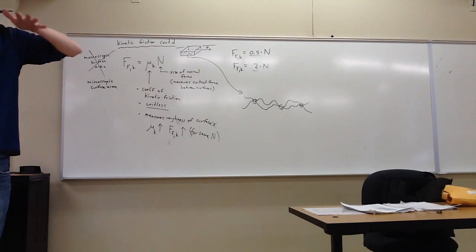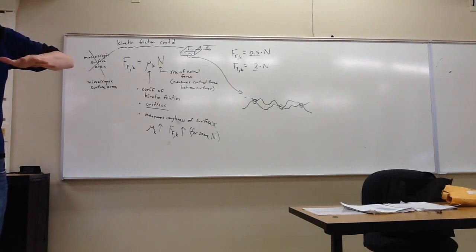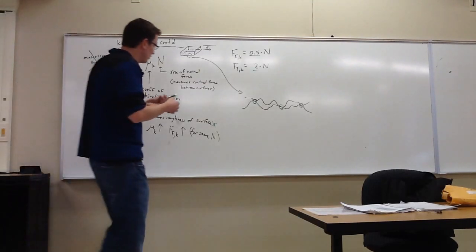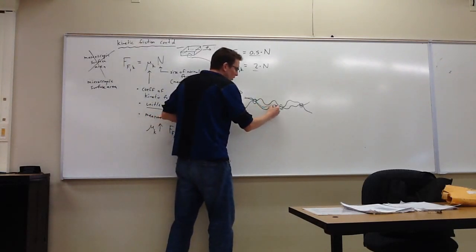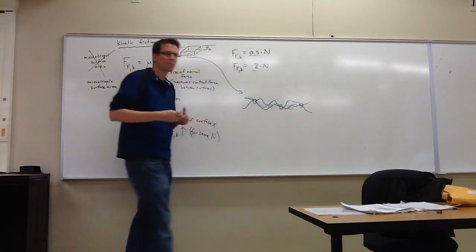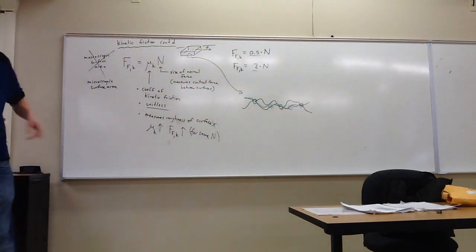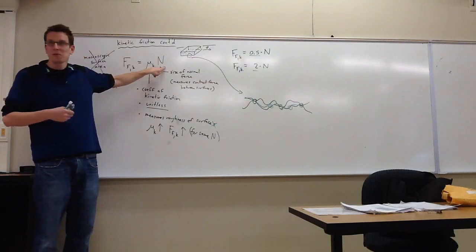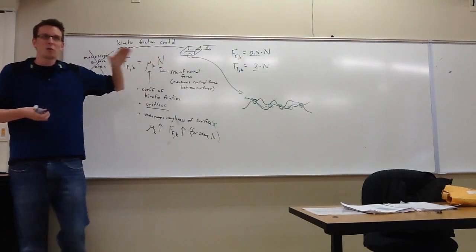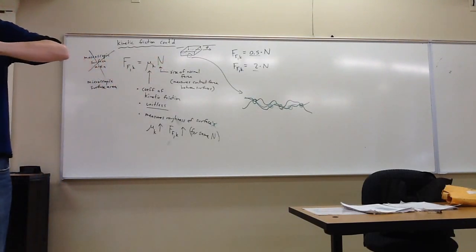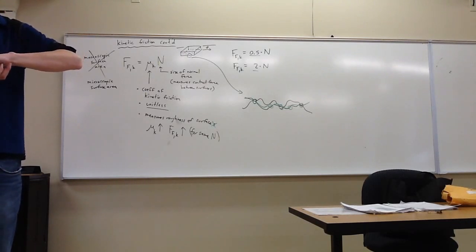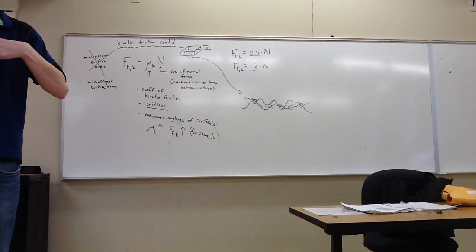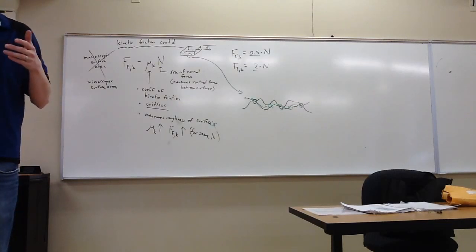So what we're trying to do is make it so that this surface talks in more places. That's right here, the size of the normal force. The whole reason why increasing the contact force is actually going to increase the friction is because it causes more microscopic communication. Does that make sense?